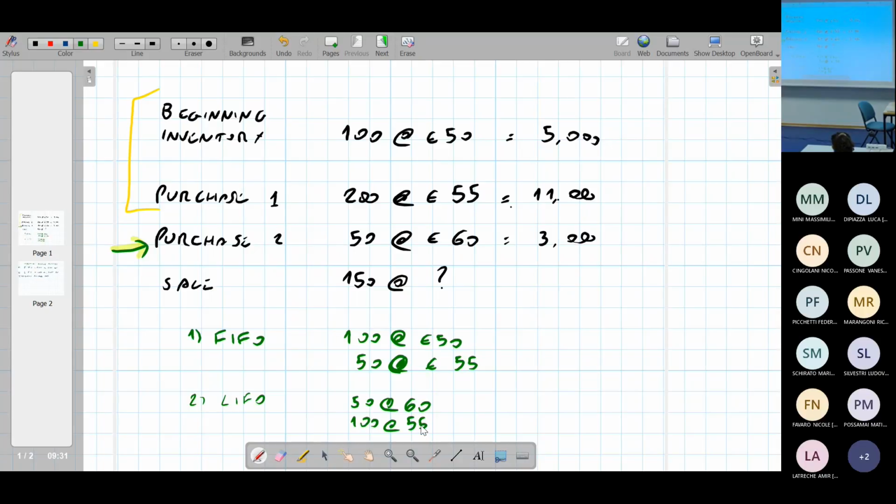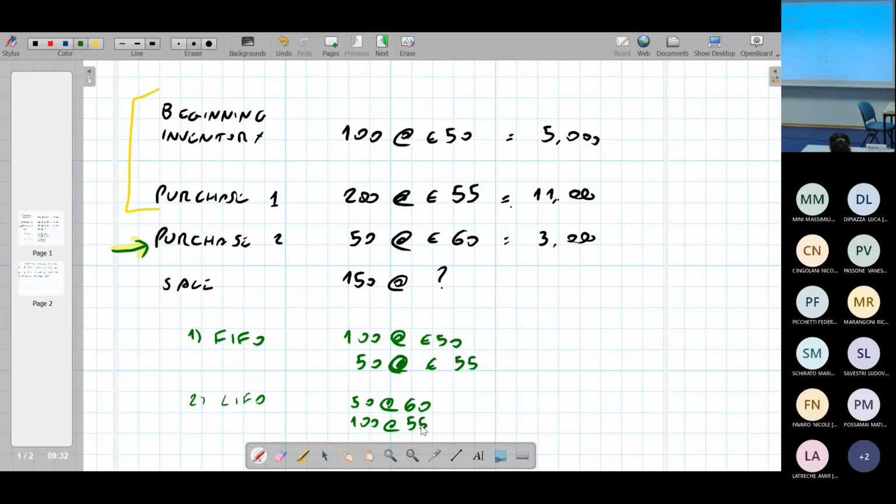Although LIFO has interesting effects when prices are increasing. If you apply one of the assumptions and prices are increasing, then you have different consequences on your cost of goods sold and therefore on your net income.